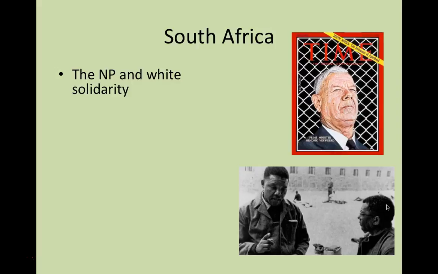On the other hand, the National Party, due largely to economic stability, and I mean the economy of South Africa in the 1950s and 60s was roaring. Industrially and metallurgically, in terms of mining, South Africa was tremendously successful.